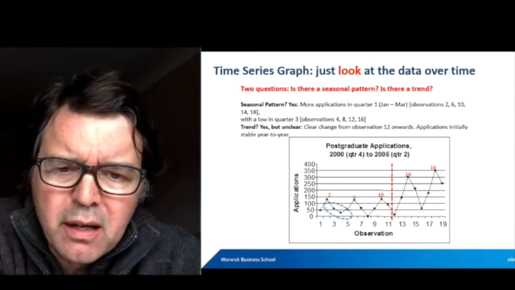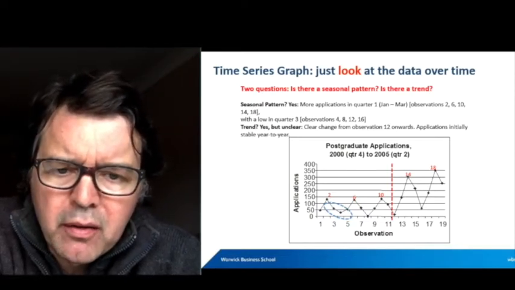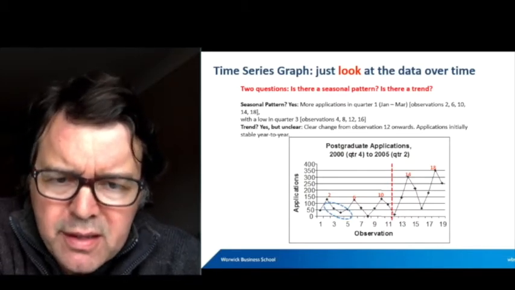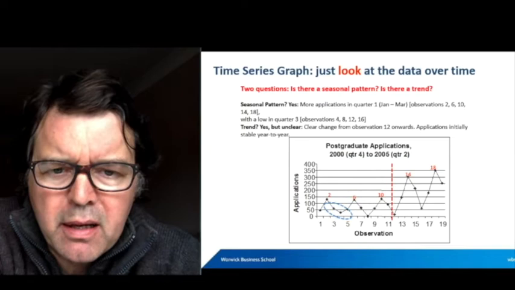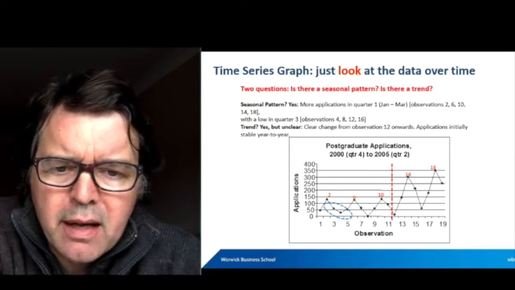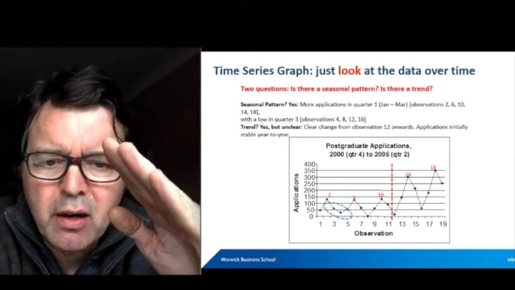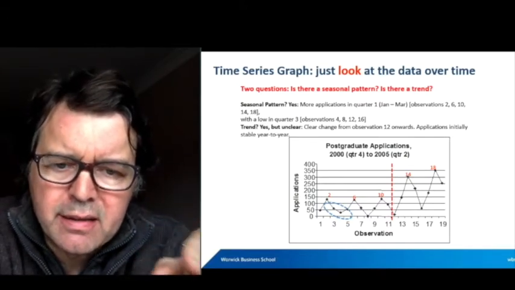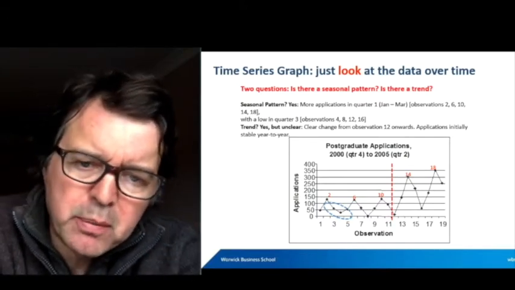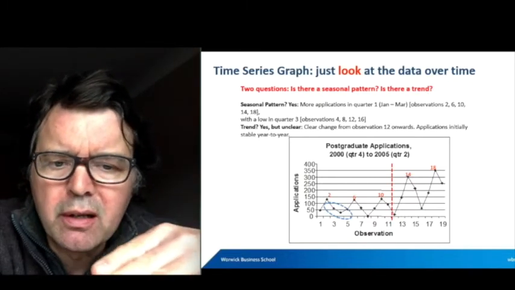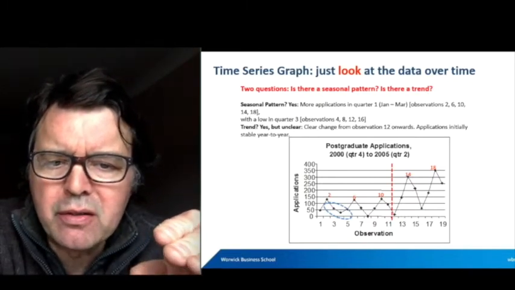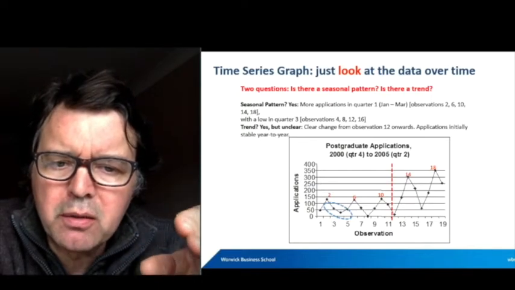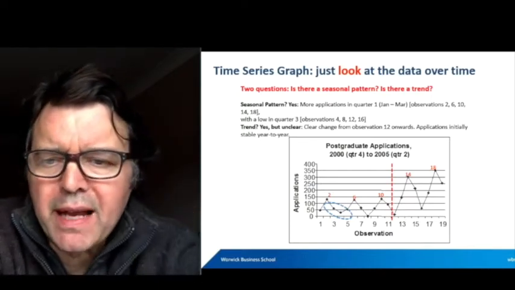We can see that the first data point, which is data point 2, slightly outside of the oval there, is quite high, and then it goes down to point 3, and then down again to point 5, and then it pops up a bit. So it looks like applications might be high at the beginning of the year and then go slowly down and then jump up at the end of the year.